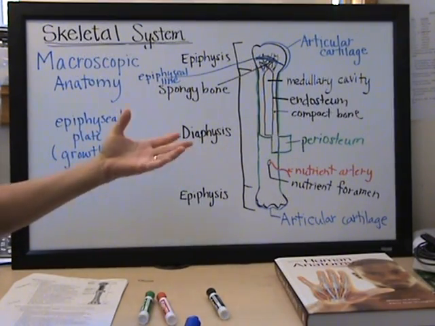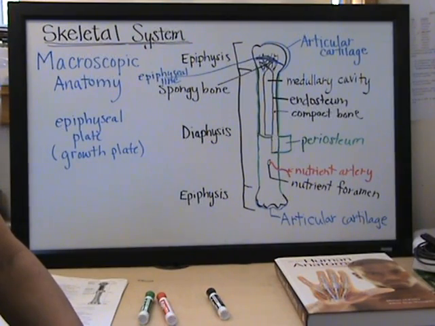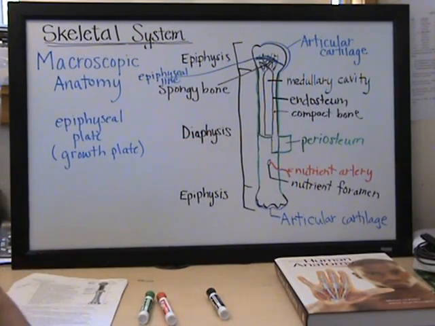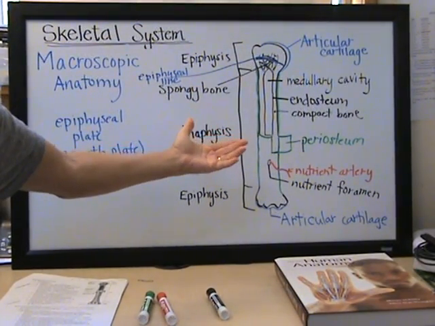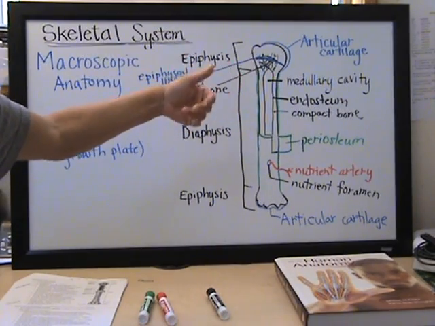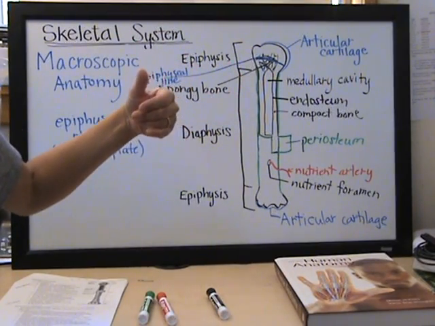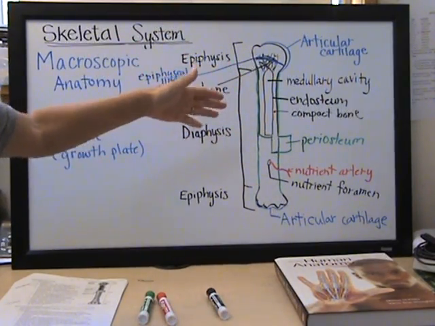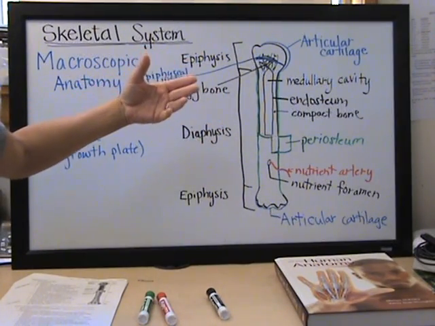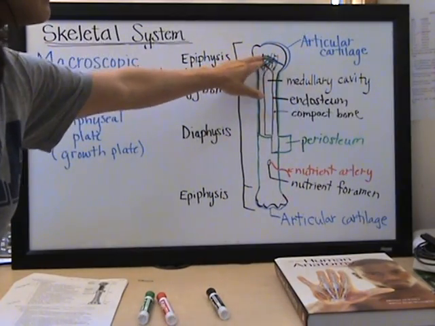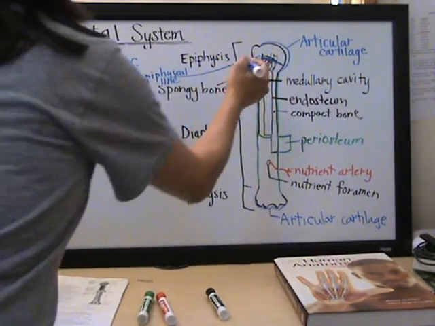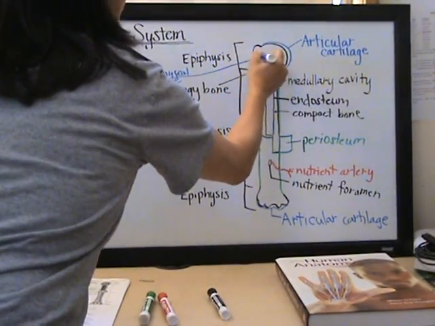Now, if you recall, our bones begin as a hyaline cartilage model. And so the bone is initially cartilage. And through the process of endochondral ossification, which you'll have to read about, that cartilage is eventually converted into bone. But there's one last holdout of cartilage here, which is this epiphyseal plate.